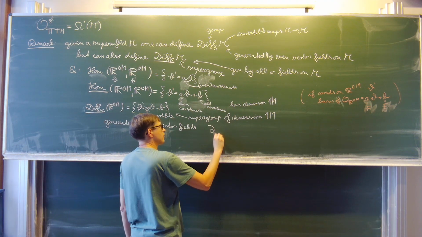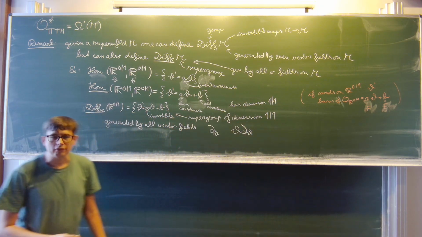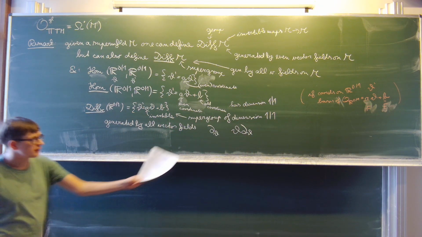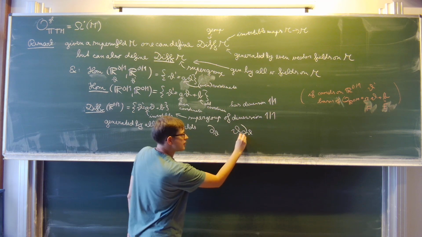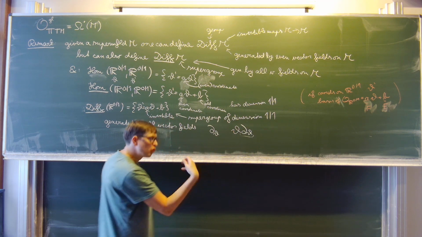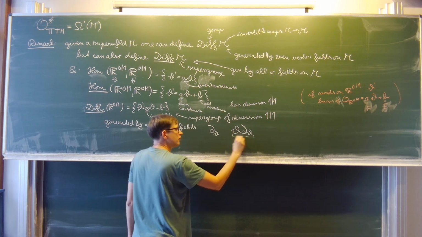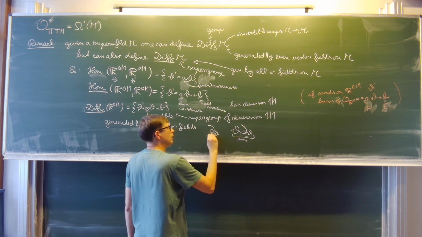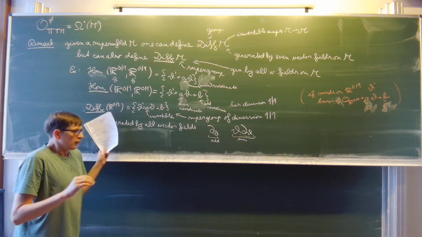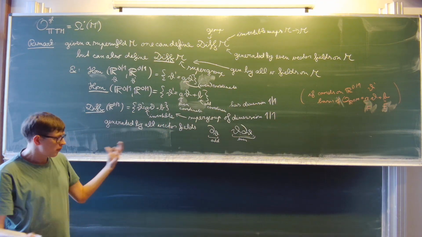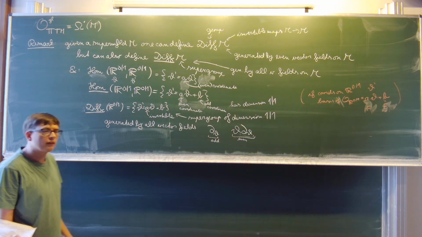There is partial theta and there is theta partial theta. This one, partial theta, is odd because it removes something odd. Multiplying it by odd is even, so theta partial theta is even. And those are the two things that together generate this supergroup of dimension 1|1.